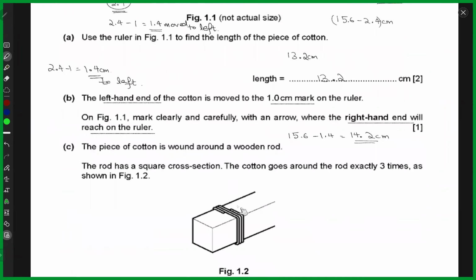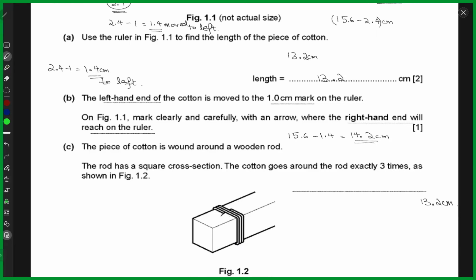So when I wind this cotton, it will form a square-like geometry, as you can see in this figure as well. The cotton goes around the rod exactly 3 times, which means this length of 13.2 centimeters wraps around this rod 3 times, and then it's completely wrapped.